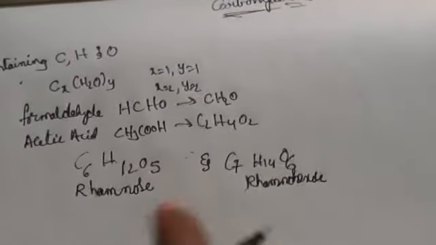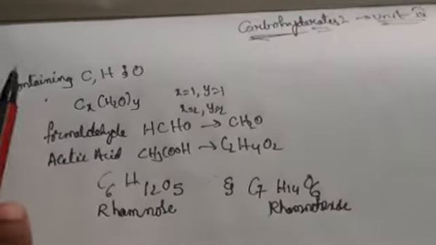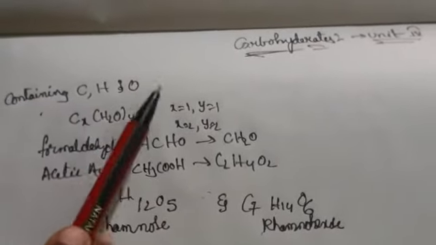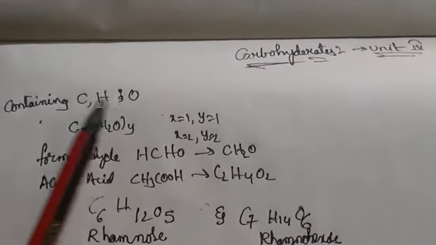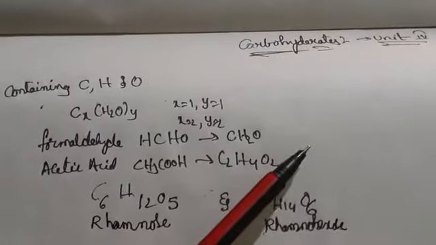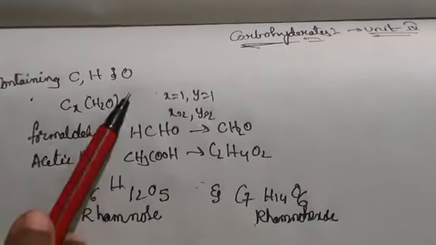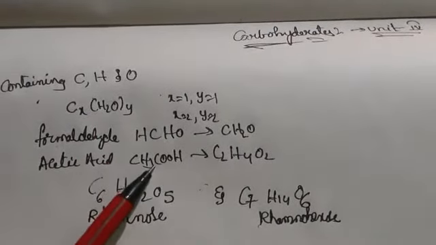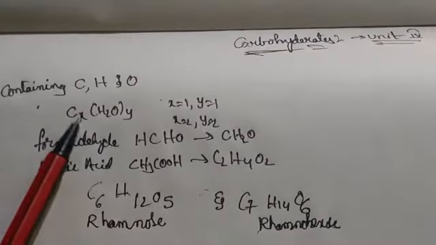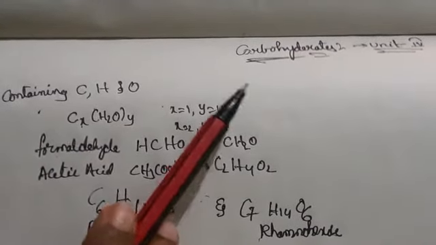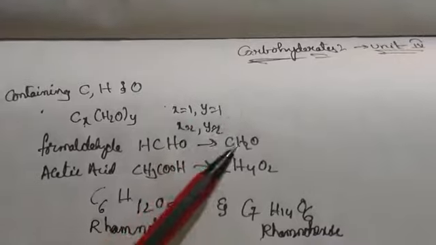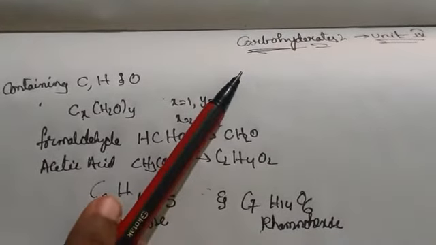See here what I have told you: the compounds containing carbon, hydrogen, and oxygen in the same ratio we call carbohydrates. But these two molecules satisfy this formula and are not giving any chemical properties of carbohydrates.